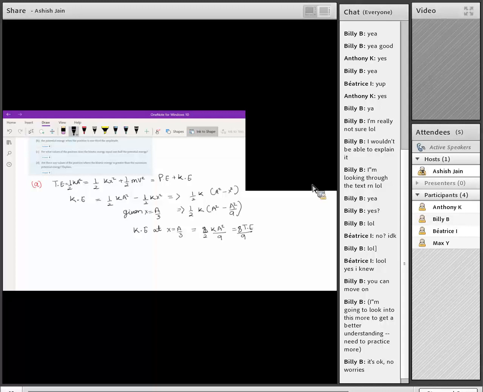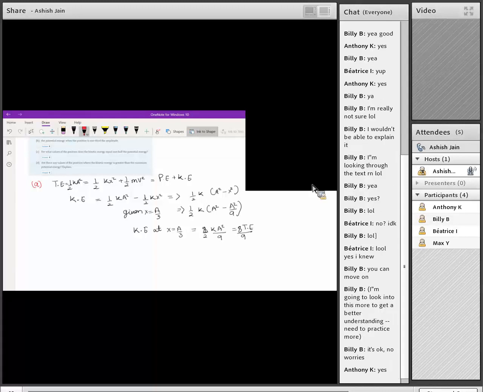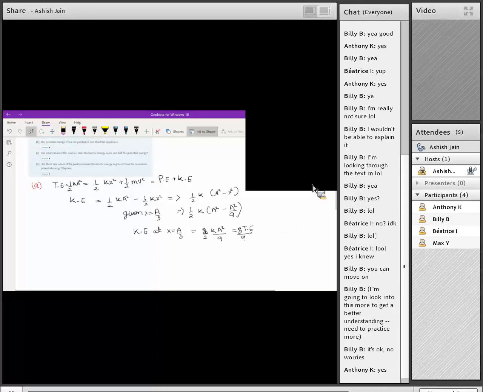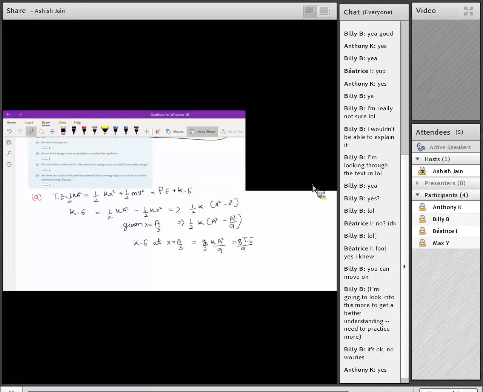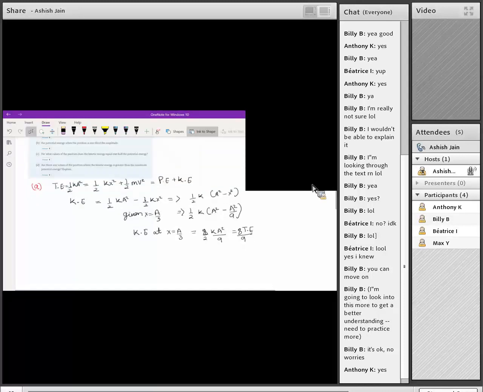Do you guys agree with me? If you agree, then I'll move on to the next part. I just substituted x as amplitude by 3 as given in the question. Okay, let's go to the next part of the question.